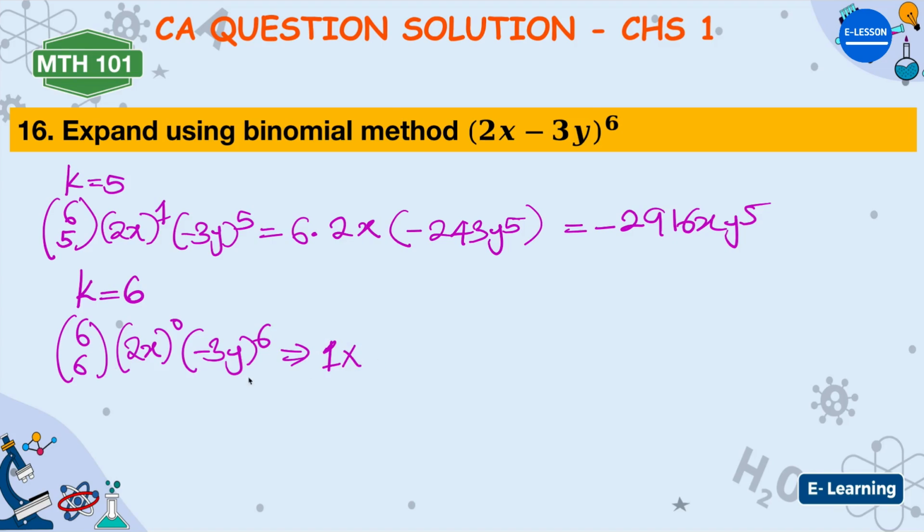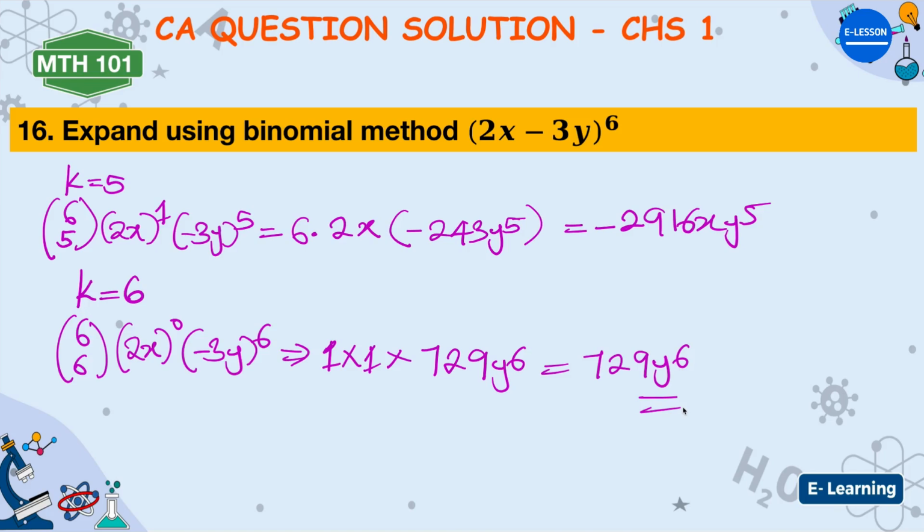We have 1 times 2x raised to the power of 0, this will give us 1 also, times minus 3y raised to the power of 6 will give us 729 y raised to the power of 6. If you multiply this, that will give us 729 y raised to the power of 6.